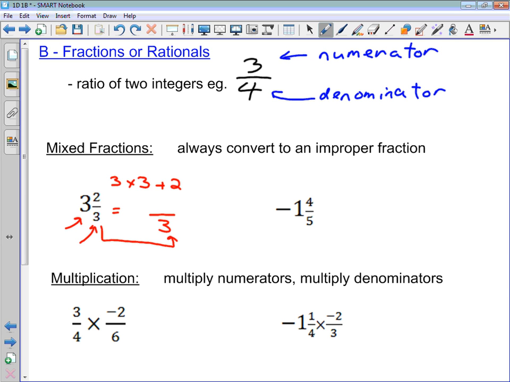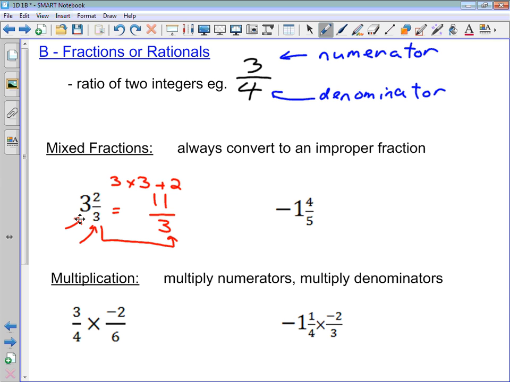So 3 times 3 plus 2 gives us 9 plus 2 is 11. So our new fraction here is 11 over 3. Okay, and then we're just going to leave it like that as 11 over 3.